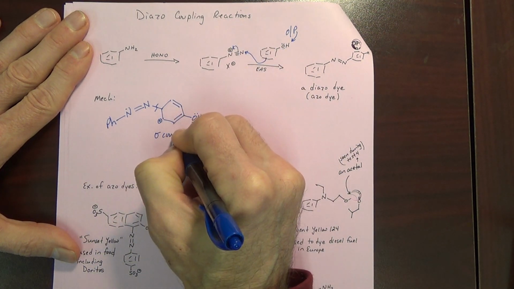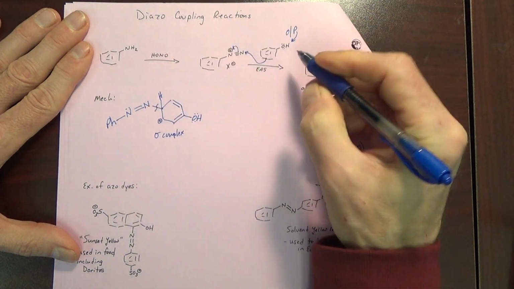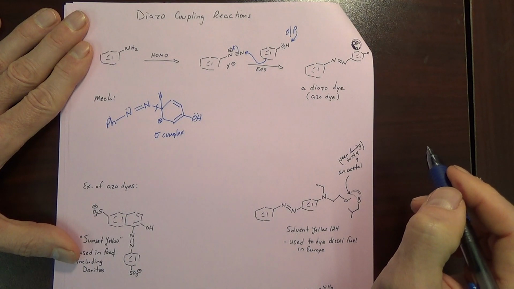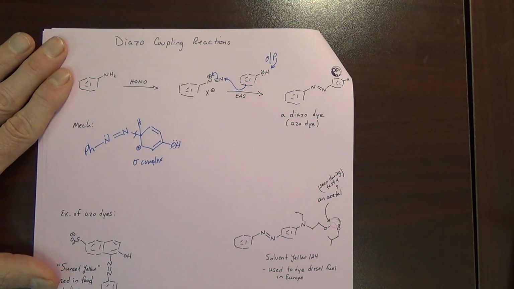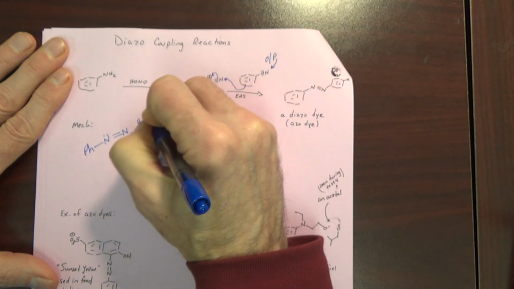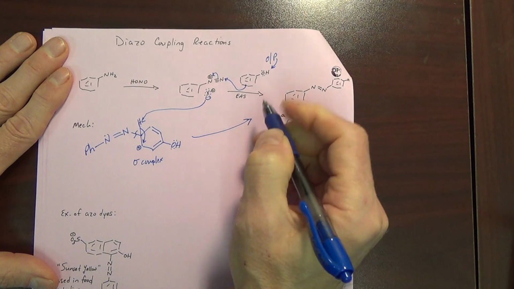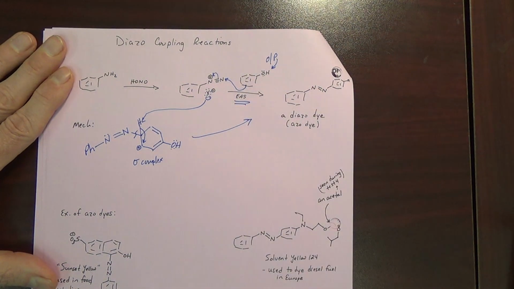Sigma complex, it's turned upside down, but you should recognize that. There's an H here. And then whatever the anion here is can take the H and restore the aromaticity. And so this is our EAS.